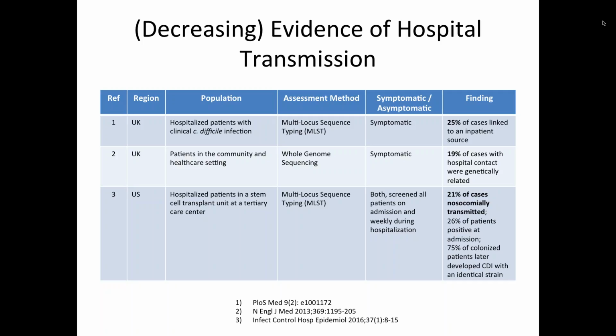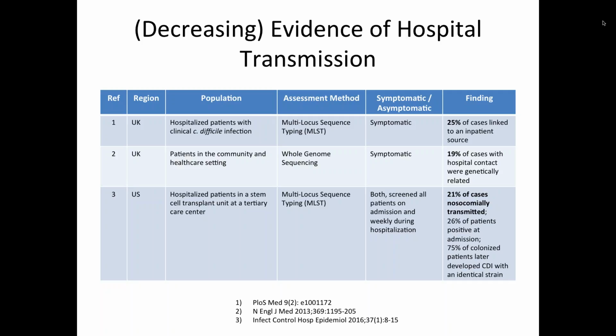The third study on here was a study in the U.S. that looked at hospitalized patients in the stem cell transplant unit at a tertiary care center. This was a fairly recent publication just earlier this year. This study used sequence typing and screened patients on admission and then weekly during their hospitalization. Again, this is a stem cell transplant unit, generally would be considered a higher endemic area for C. diff infection.